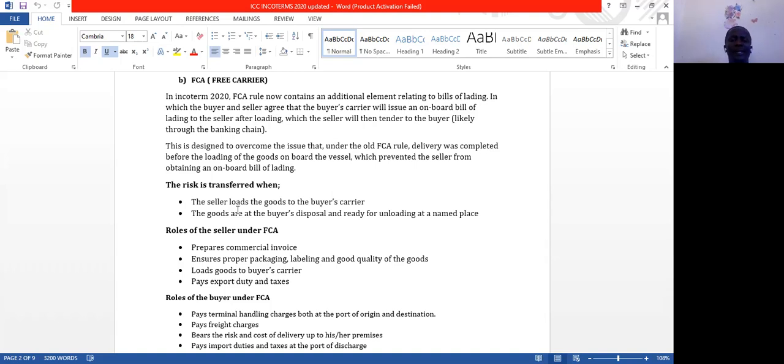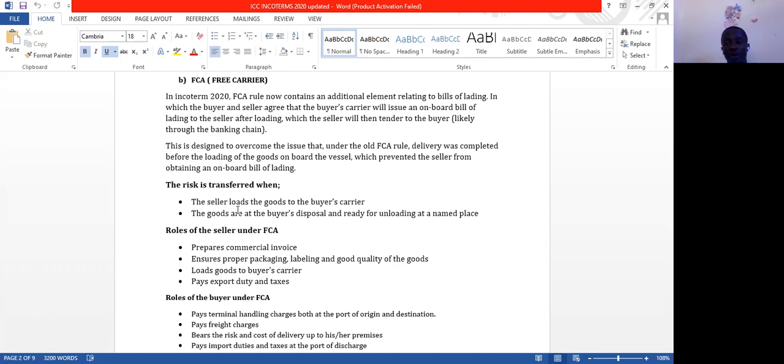This is designed to overcome the issue under the free carrier rule where delivery was completed before the loading of the goods on board the vessel, which prevented the seller from obtaining an on-board bill of lading.